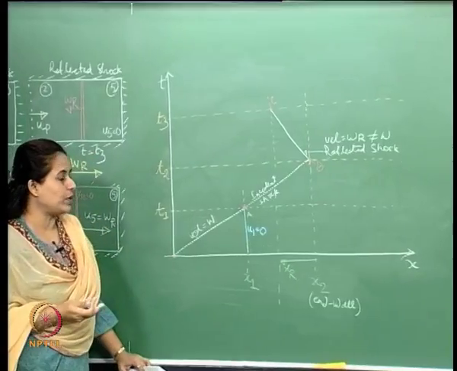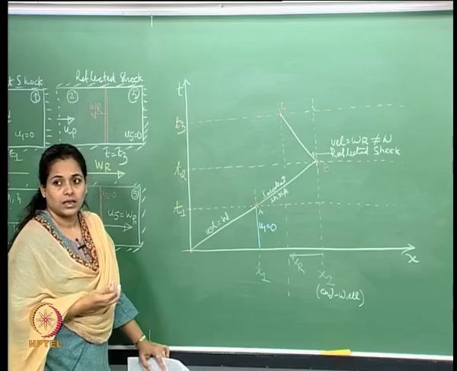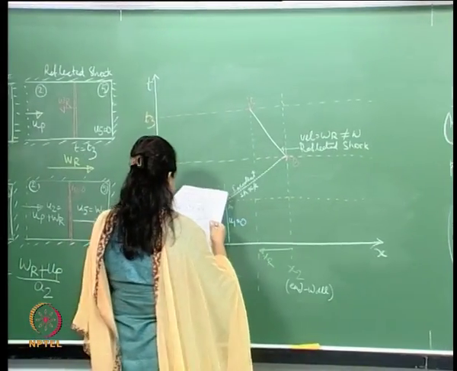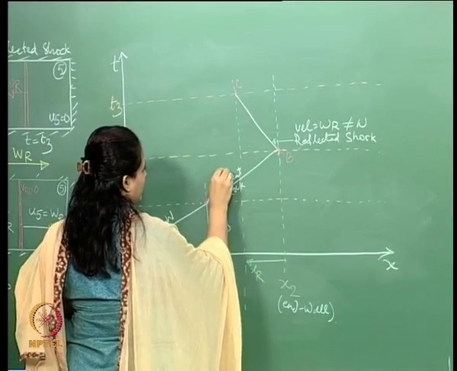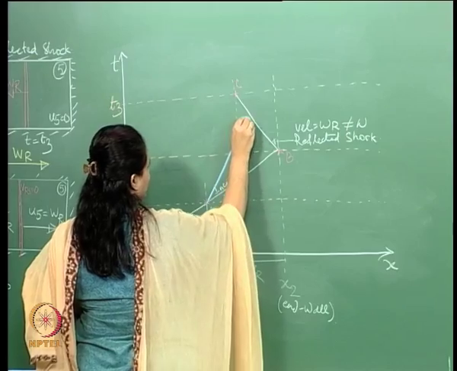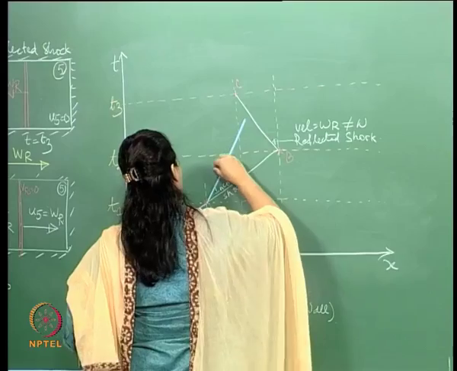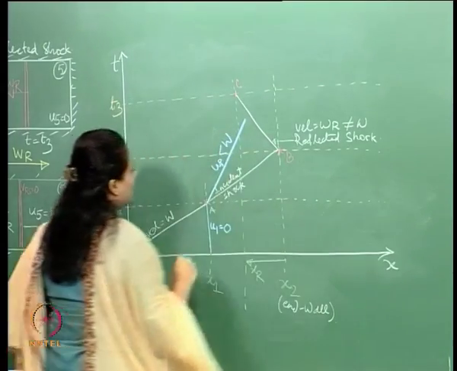Now that up, as we said, the slope is less. The velocity is less than that of the incident shock. So then let us just say it moves with this velocity, it moves like this. So this is my up, which is less than the incident shock.